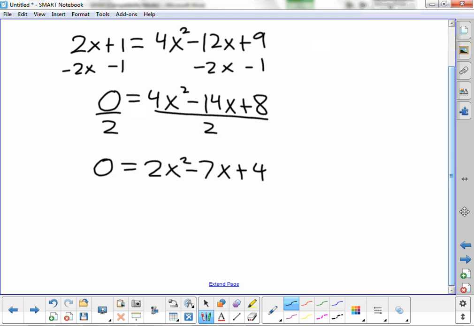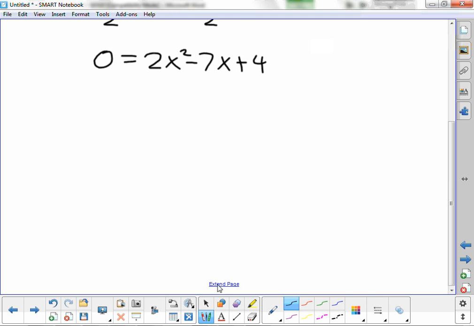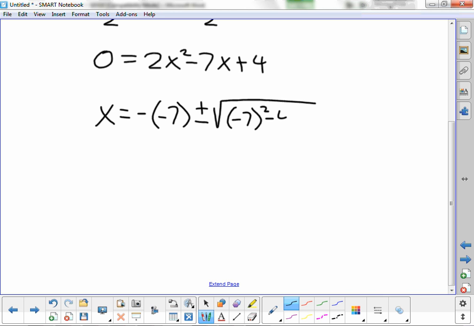At this point, you can try factoring or any of those other methods. It looks like quadratic formula is the only thing that's going to work though. So it's going to be x equals negative b plus or minus the square root of b squared minus 4ac, all over 2a. Okay.